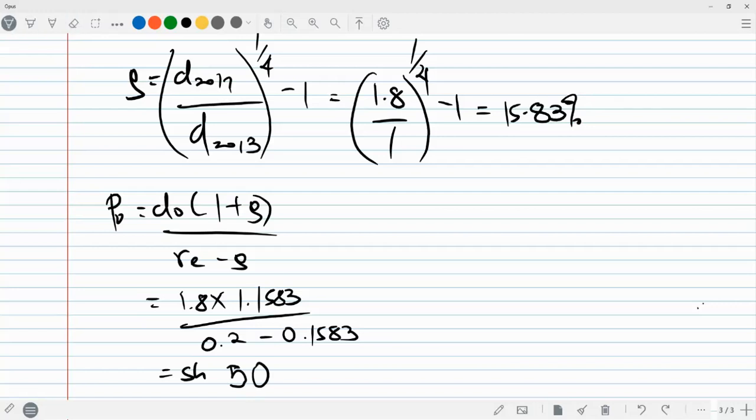So then we get 50 to be the value of this share.